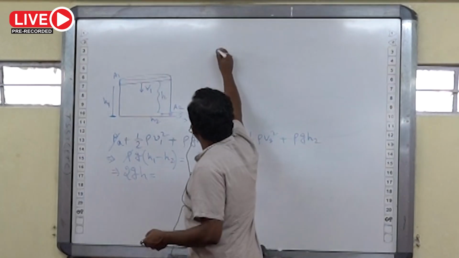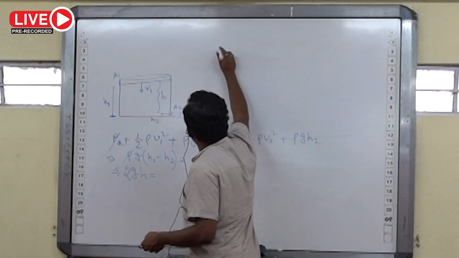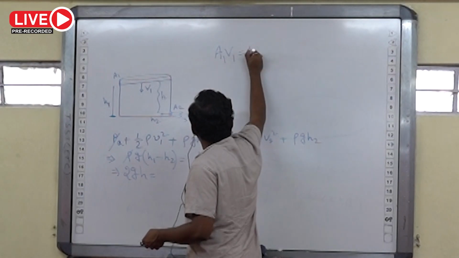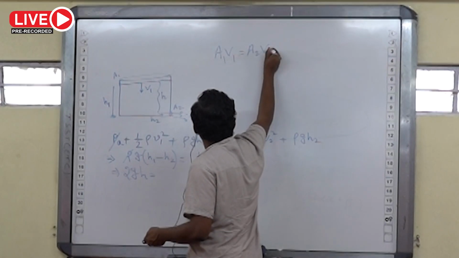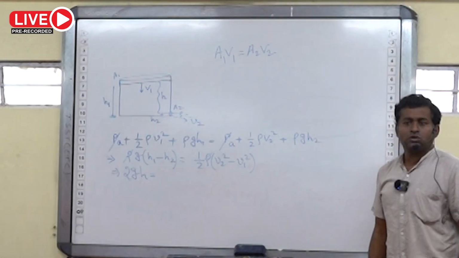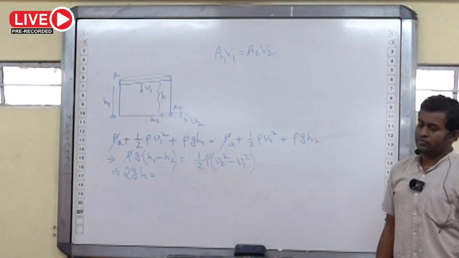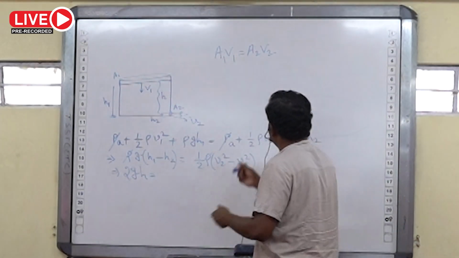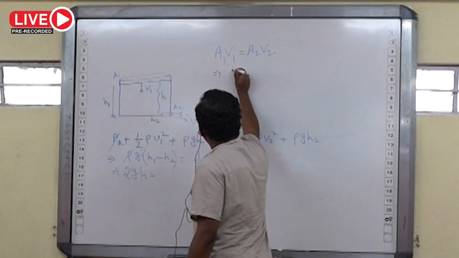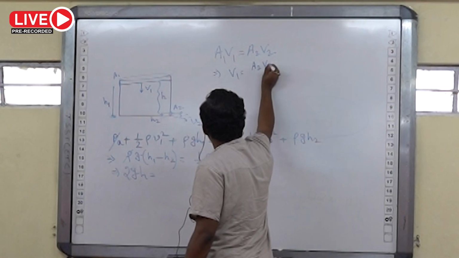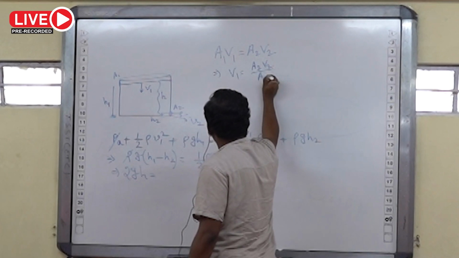It will give us A1 V1 equal to A2 V2. Then we can write from this that V1 will be equal to A2 V2 by A1.